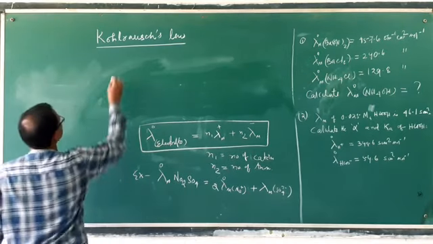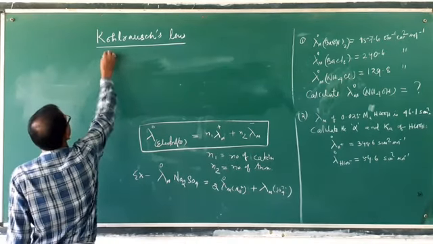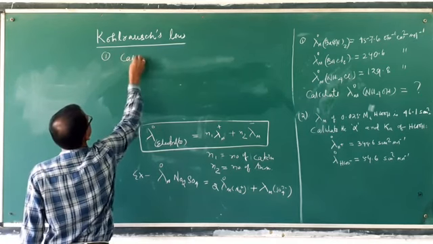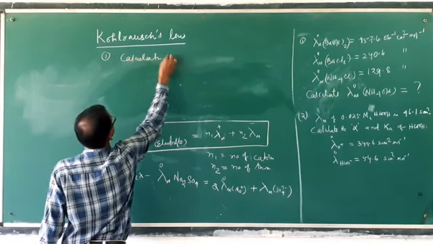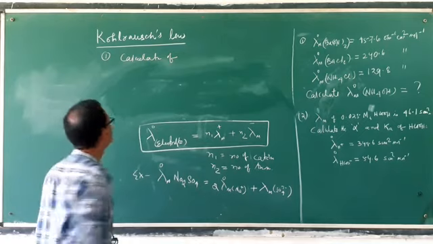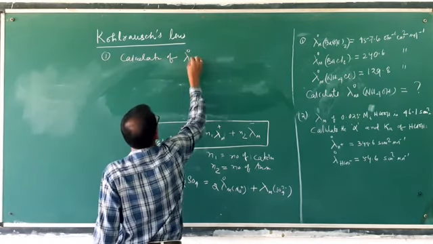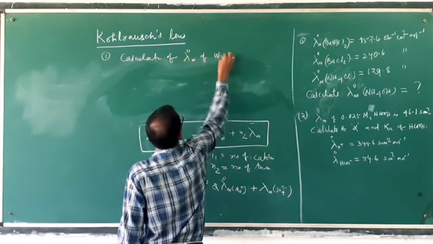For example, the first application is the calculation of lambda naught of a weak electrolyte.